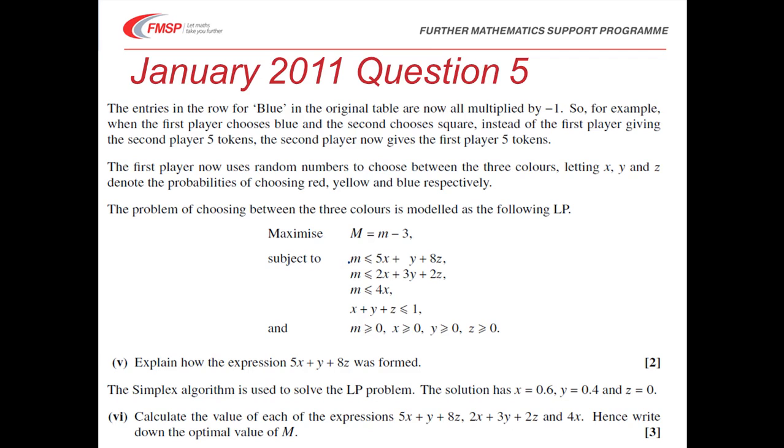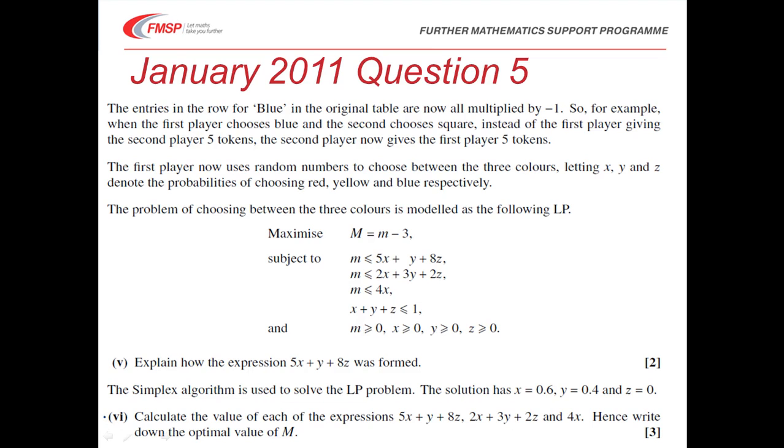And then it says the simplex algorithm is used to solve the problem and gives a solution. Calculate the value of each of these expressions and hence write down the optimal value of m. As I say, you're not actually using the simplex itself.